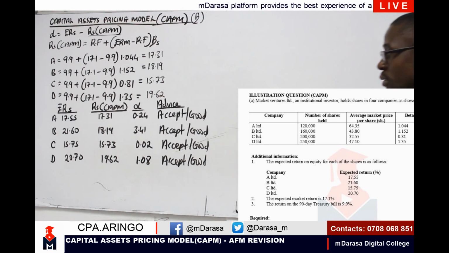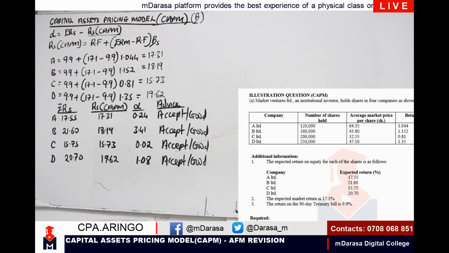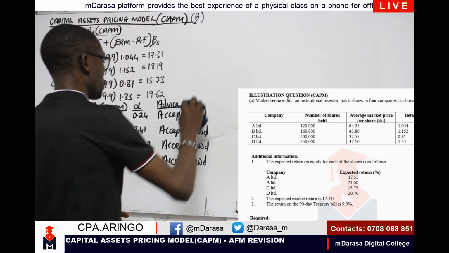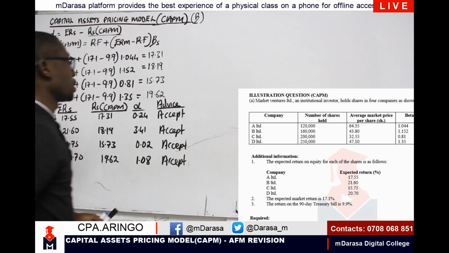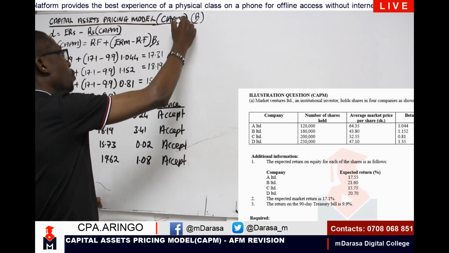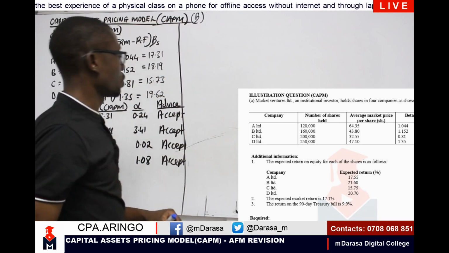Okay, so once we are done with part 1 of the question, let us proceed to part 2 of the question here and see what we will be having. So what were we asked to do in part 2 of the question, my good students?